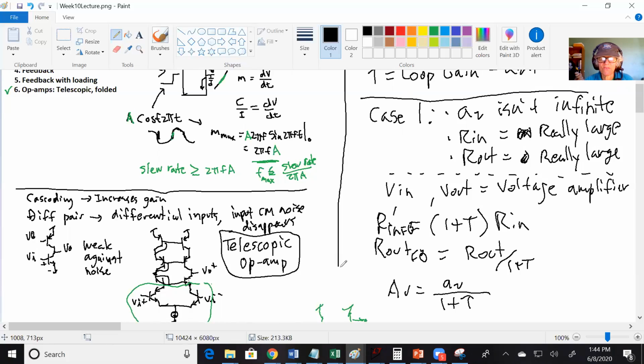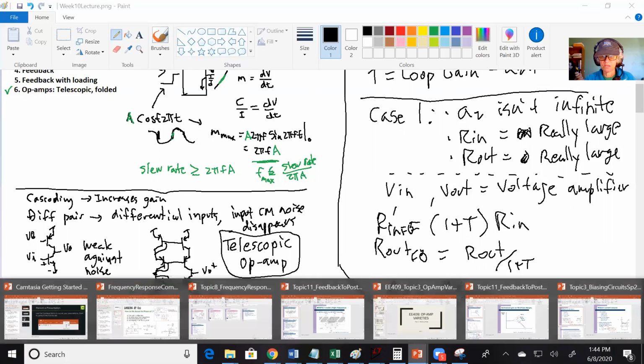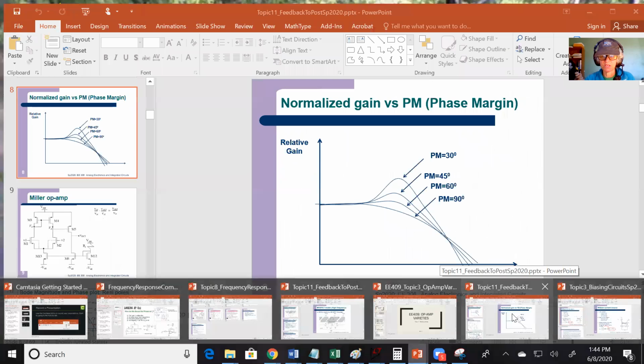So to apply this, we need to figure out what R in and R out are, and the gain of your amplifier. So let's go back to, which one was it? It was the feedback two-post.